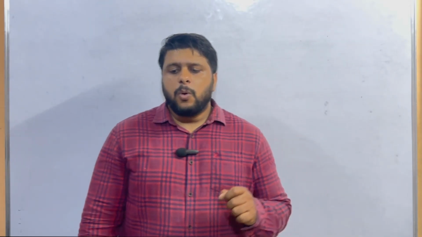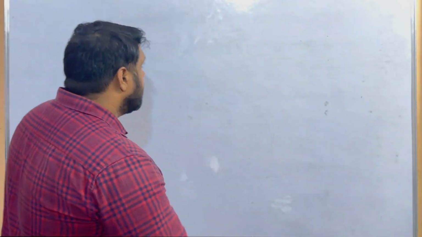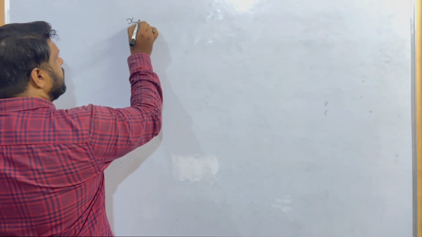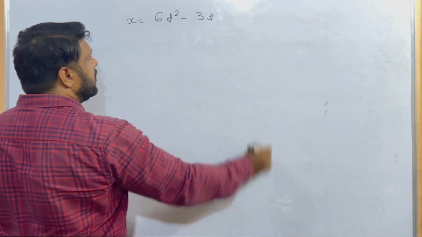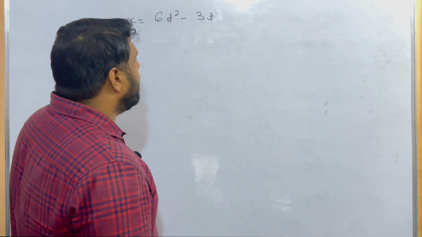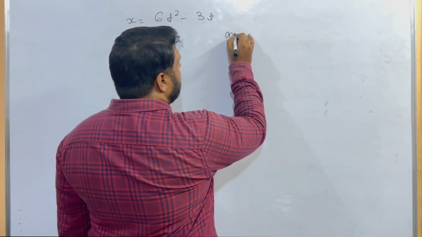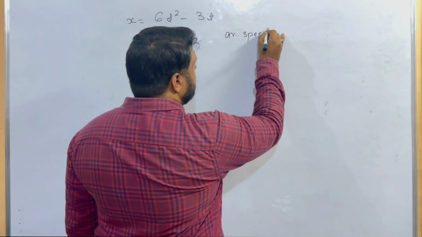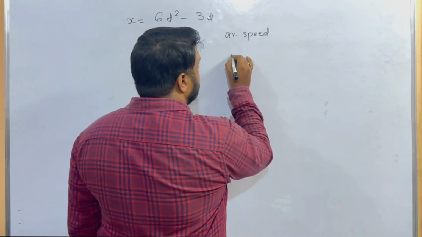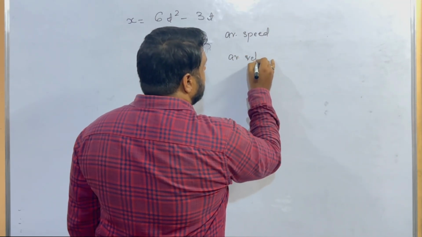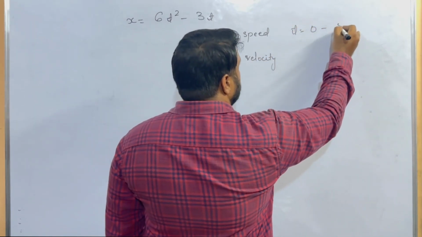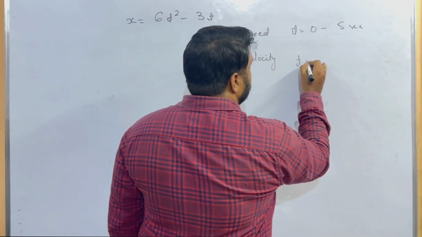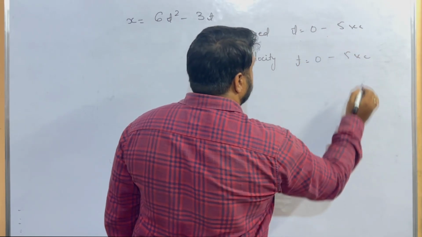Let's do one question so that it becomes clearer. Let's say we have an equation like 6t square minus 3t, and it asks you to find average speed and average velocity, time 0 to 5 seconds.